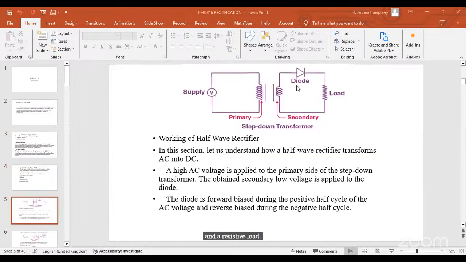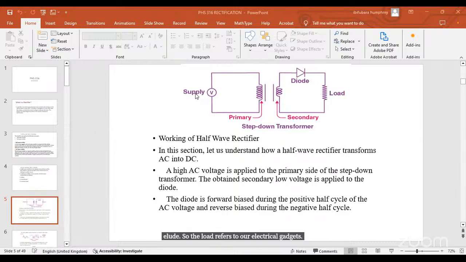So this is a diagram of the circuit. Here we have a transformer, with the primary side and the secondary side. And then we have a diode and a load. The load refers to our electrical gadgets.